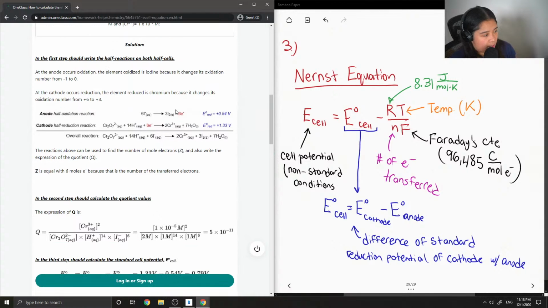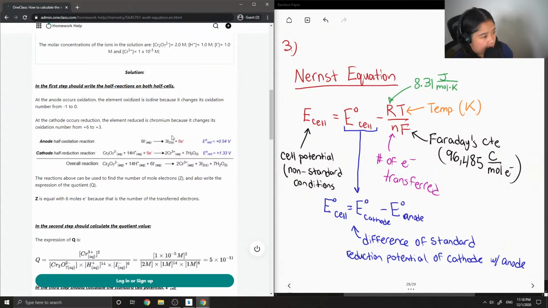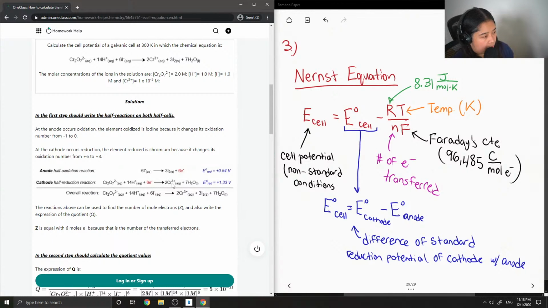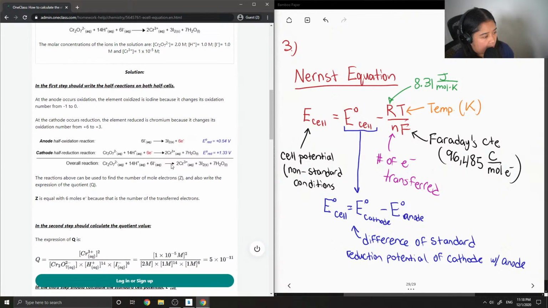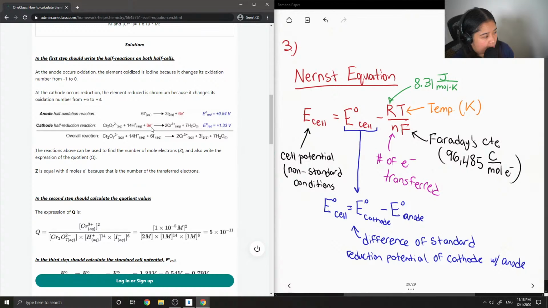They needed to add the 6 electrons on the right side to also have a -1 charge. And similarly with the chromium, they have plus the 14 protons plus 6 electrons makes 2 chromium 3 plus 7 H2O. So again, notice that the total charge on the left side is -2 plus -6, which is -8.